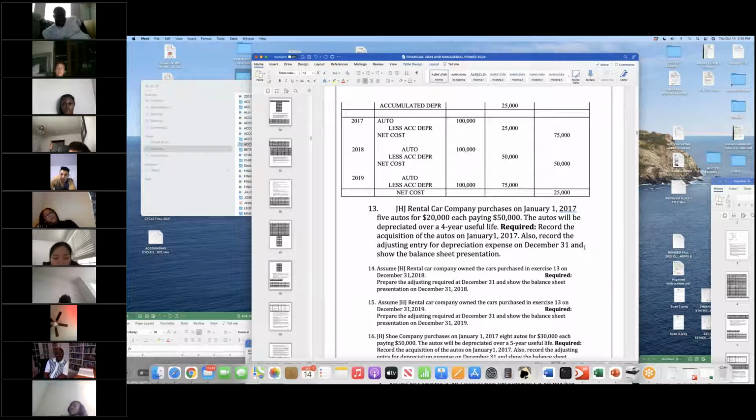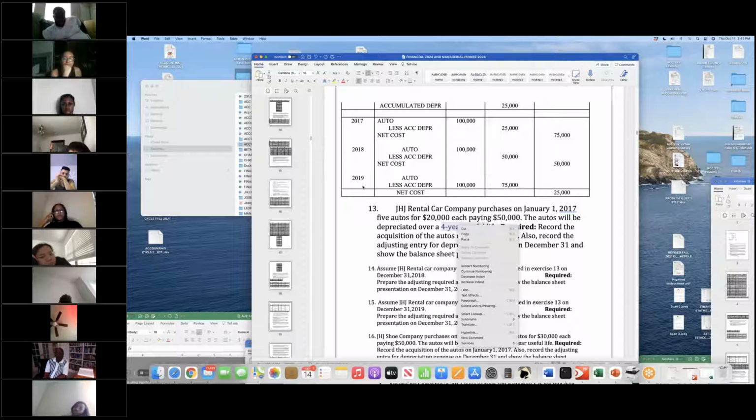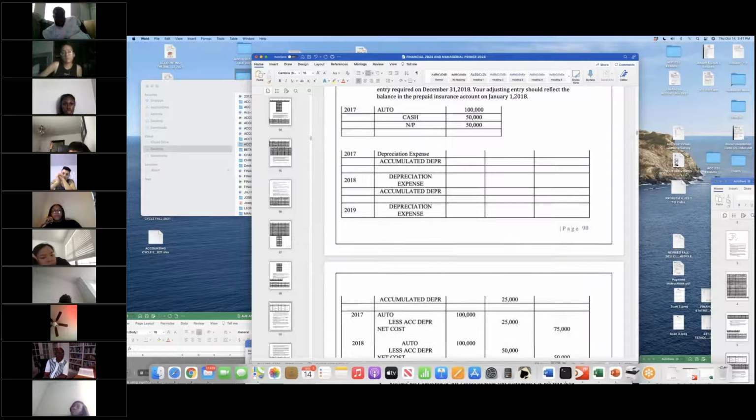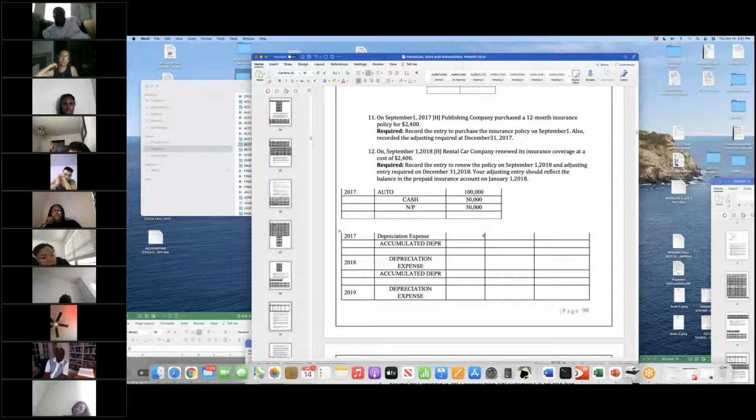And so the automobile has a 4-year life. So therefore, we need to write this auto off because it's going down in value.